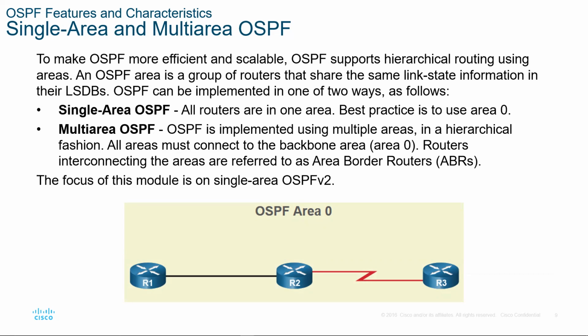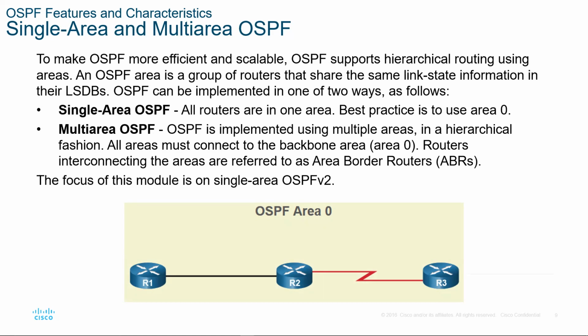Only the area border router is responsible for sharing into the other area. So we limit the amount of administrative traffic that is used to maintain the area. So this makes it more efficient overall, and each area can converge faster and become more stable.